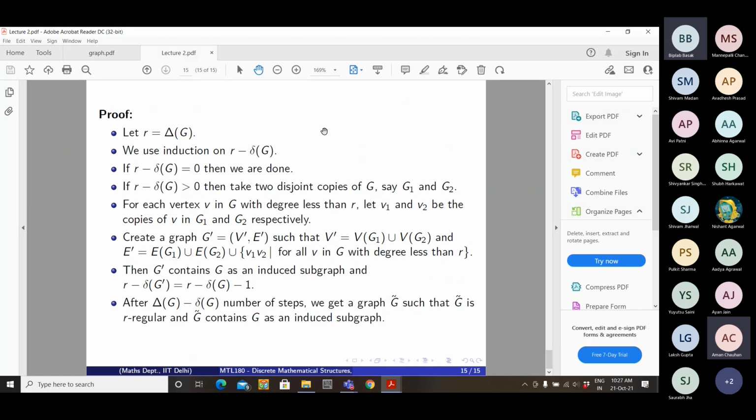One vertex has degree 1, another degree 2, another degree 1. If you draw an edge between the degree 1 vertices, you will get a regular graph, but in that case G is not an induced subgraph.